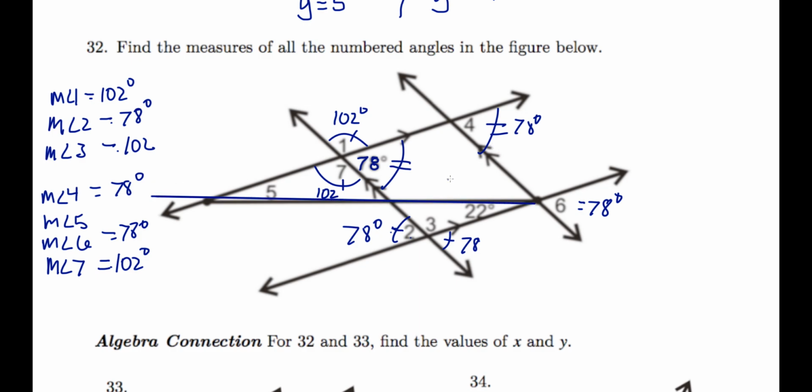There's some sound effects for you. So 5 is alternate interior with this 22 down here. Look at that. If you get rid of all this junk, you'll see these parallel lines, and that's a transversal. 5 is 22. And is there an 8? Nope. That's it. So that one's done.